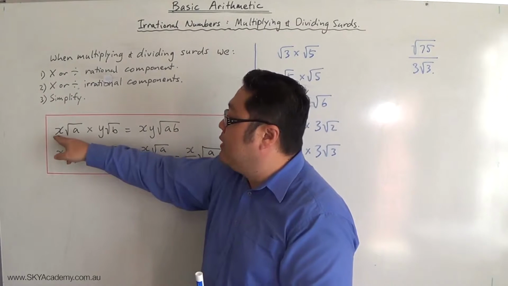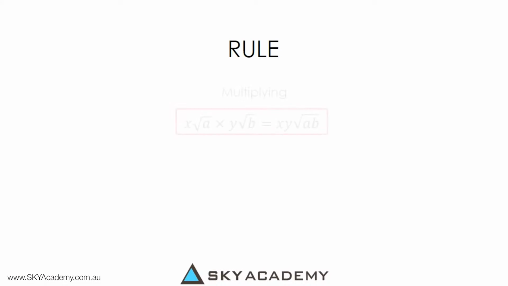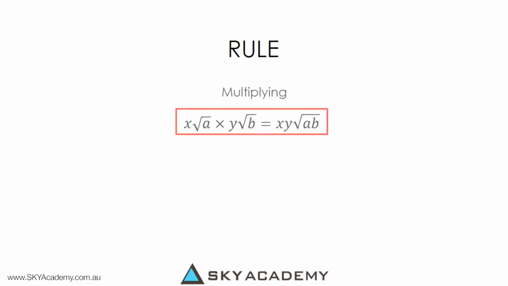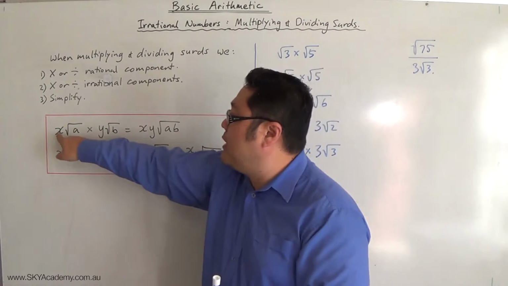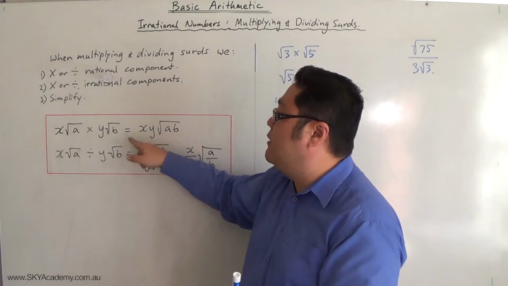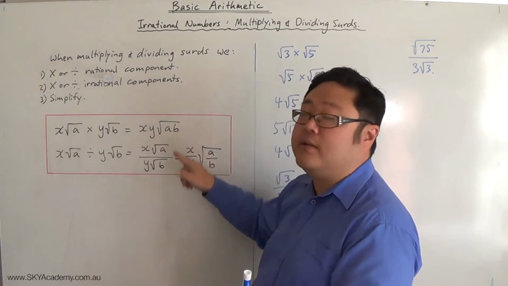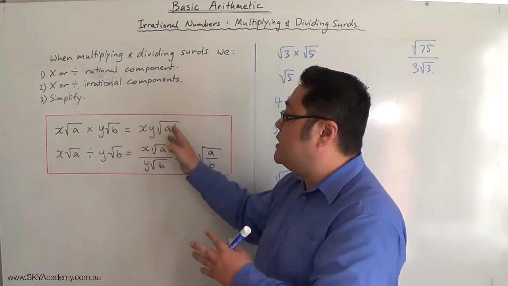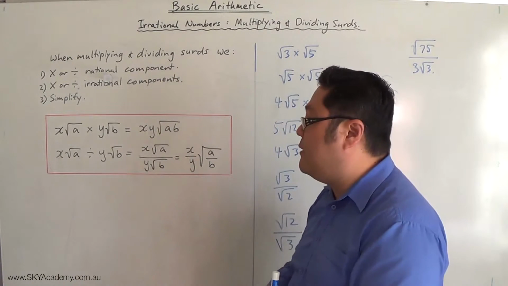So for example, x root a times y root b would be xy root ab. You multiply the rational components together and you multiply the irrational components together, and then you simplify the irrational component if you can.